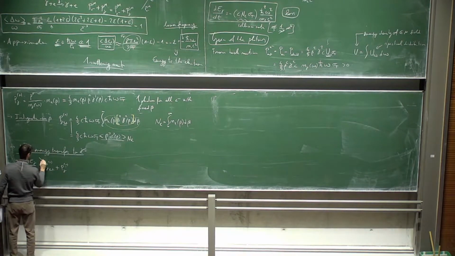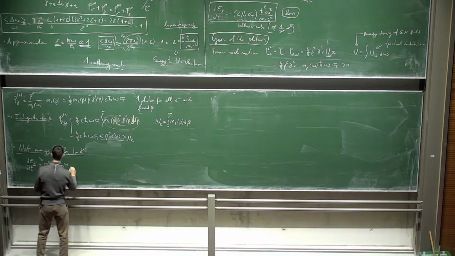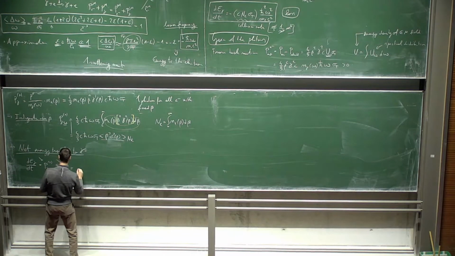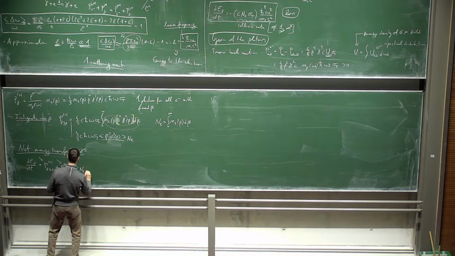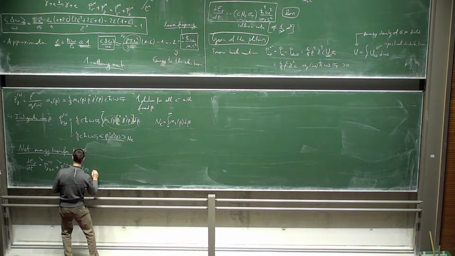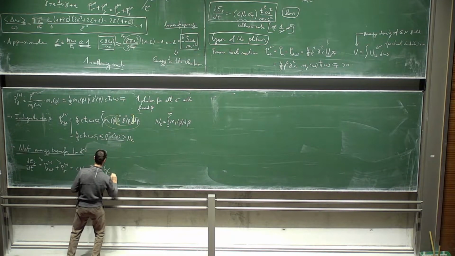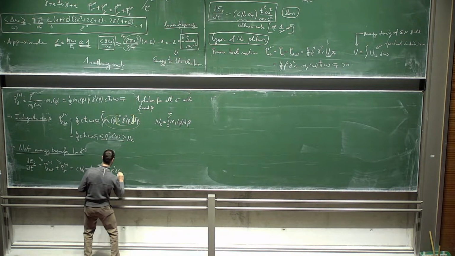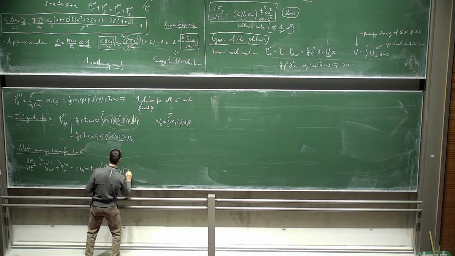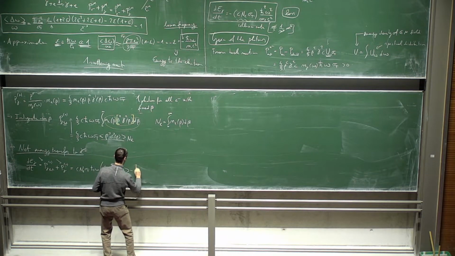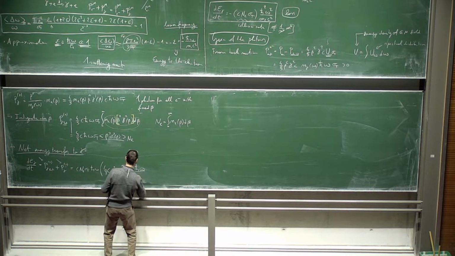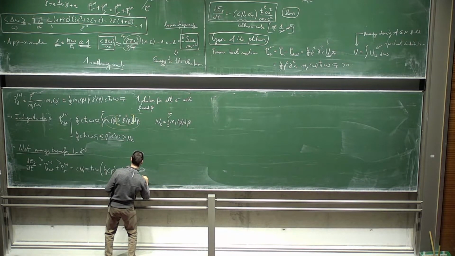I plug into here and into here our results, and what we get is c NE sigma Thomson h bar omega for the average of beta squared gamma beta, minus h bar omega me c squared.